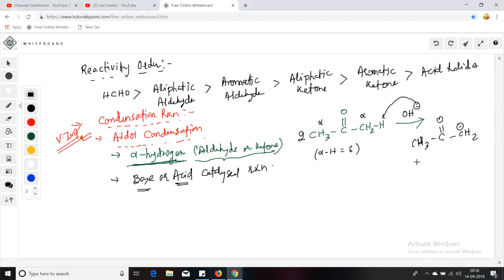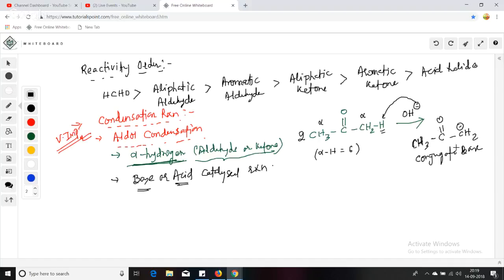The important thing here is that this aldehyde or ketone can easily lose this H plus ion. The reason is that the ion it forms is the conjugate base of acetone, because it loses the H plus ion.